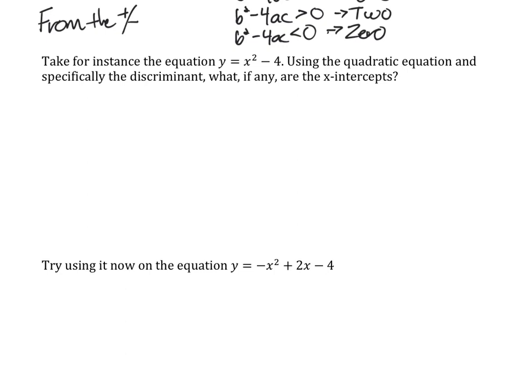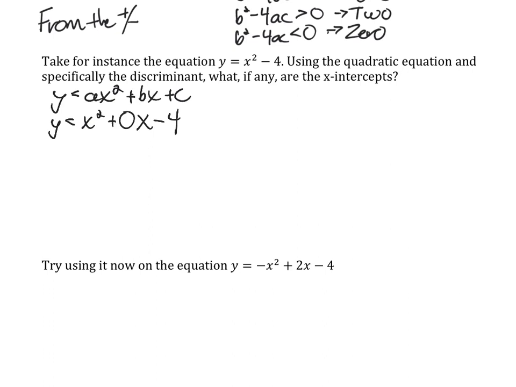So let's remind ourselves that the basic quadratic equation is y equals ax squared plus bx plus c. In this case, what's the b value? It should be y equals x squared plus 0x minus 4. You don't have to add in the 0x, but we're doing it here just to remind ourselves.